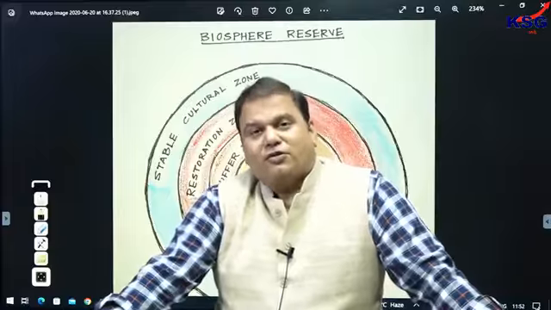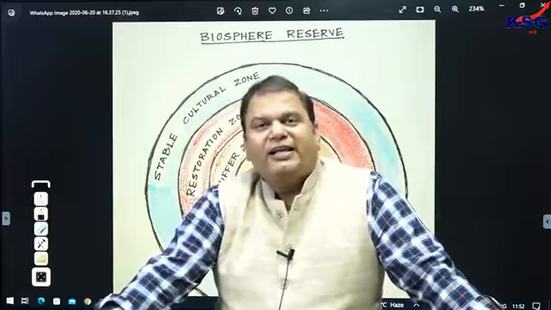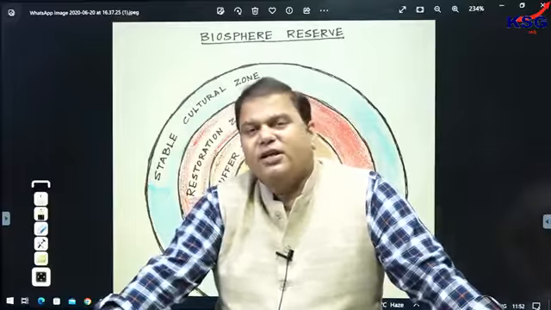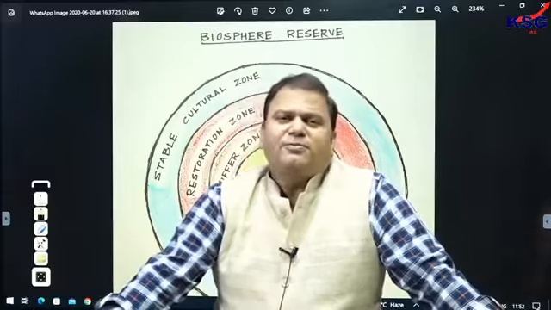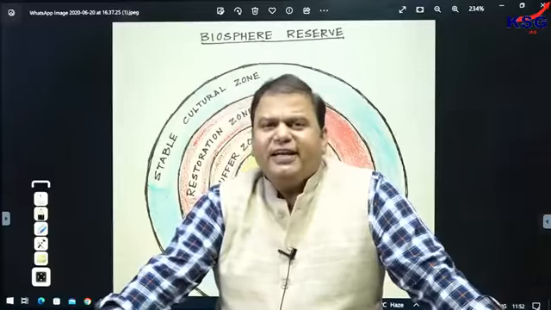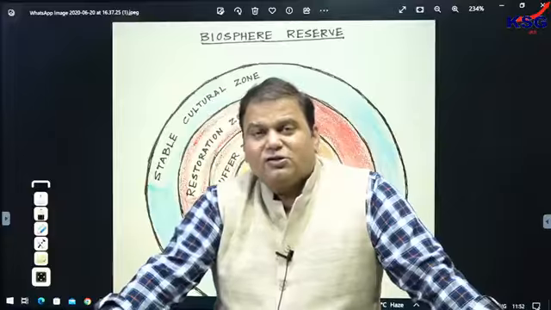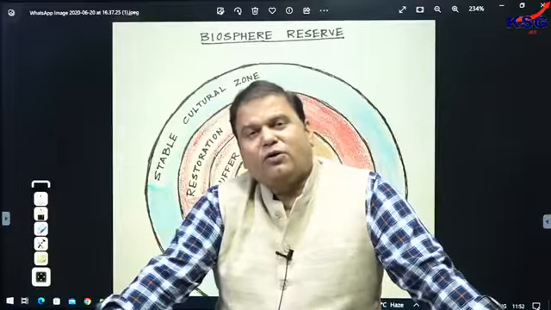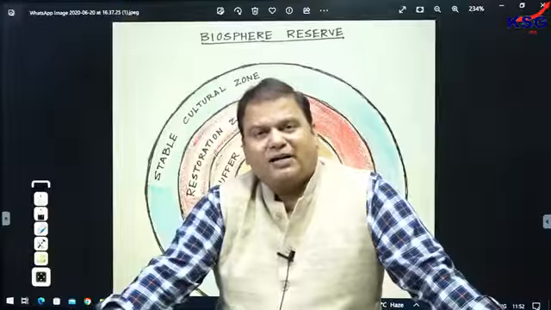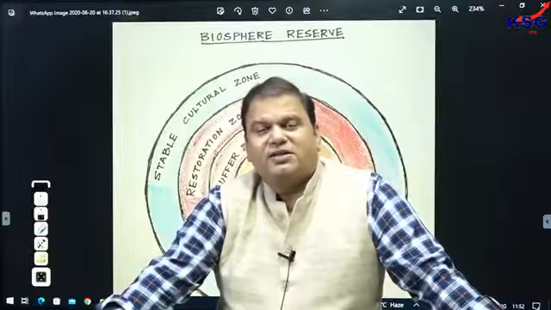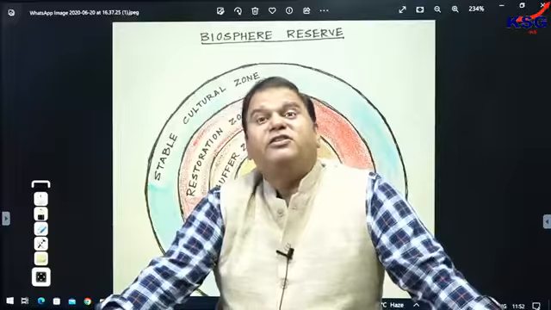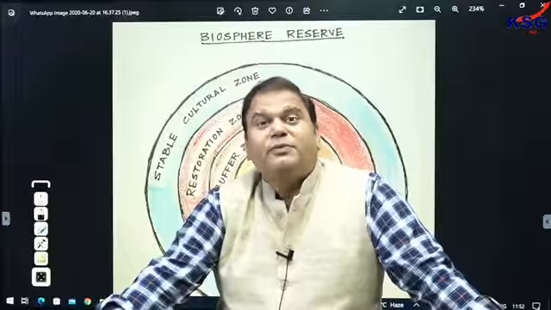These rotational crops enhance the fertility of the soil, and this does not damage the environment in any way. This would be called cultural diversity. So cultural diversity includes all those traditional land use practices which happen to be suitable with nature.